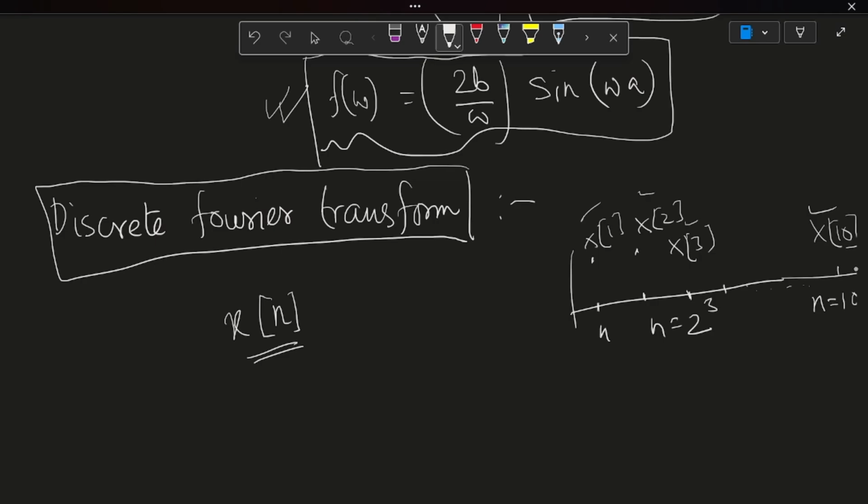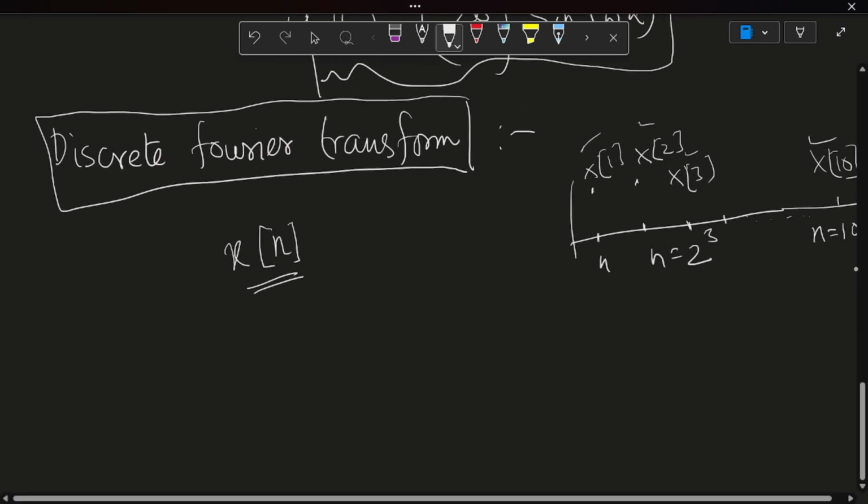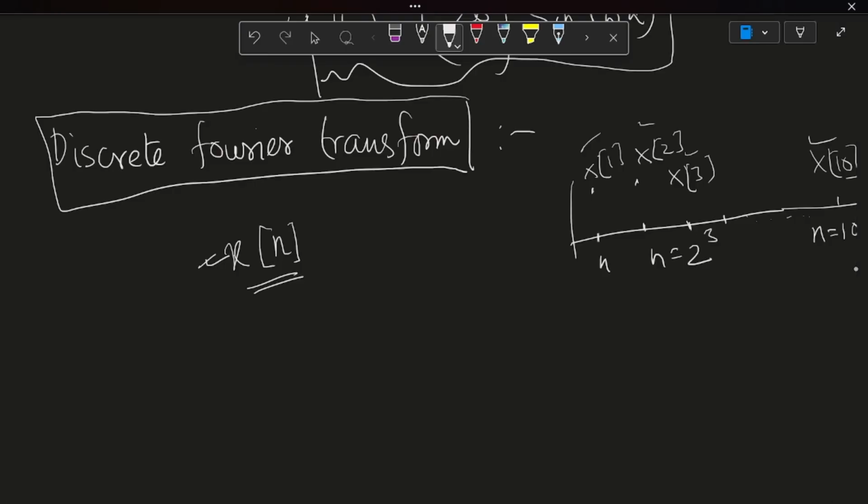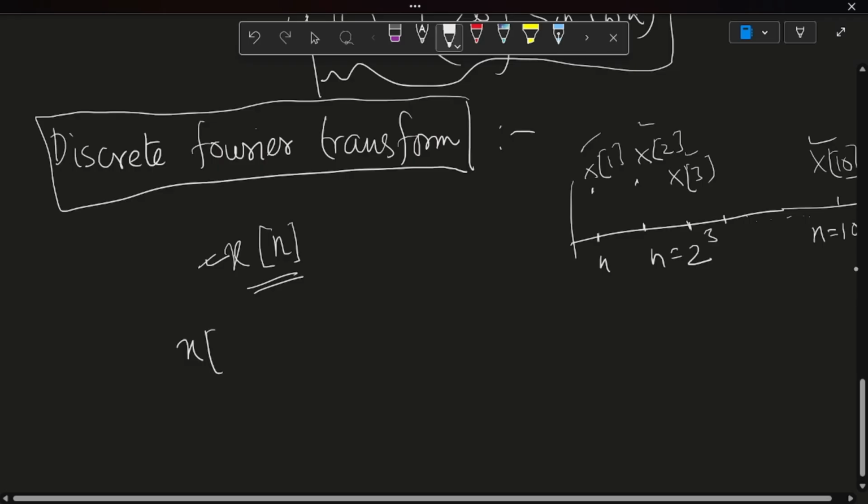Now when you want to compute the FFT of this xn, the formula is, you have to write it as Xk. This is in the frequency, that is, the Fourier transform domain. So what will be this Xk?